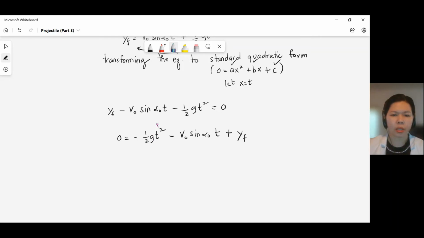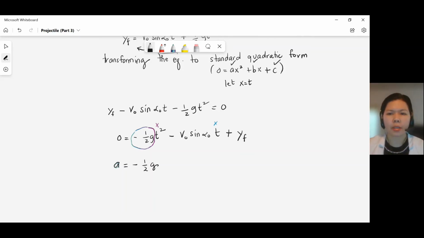Remember that our x is t, so that's t squared, and a should be negative 1/2 g.